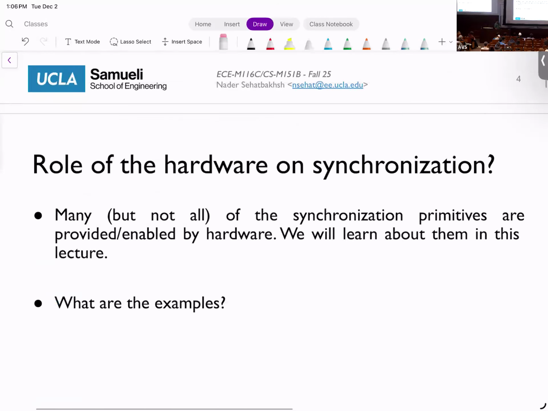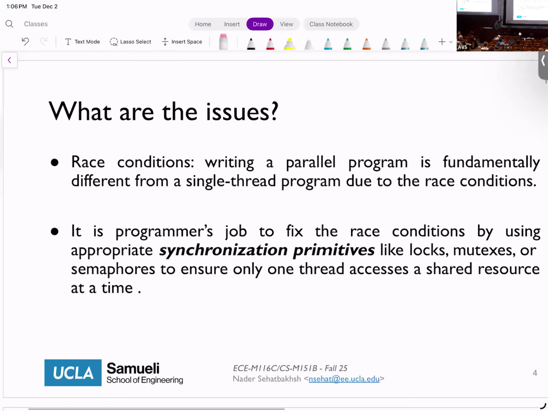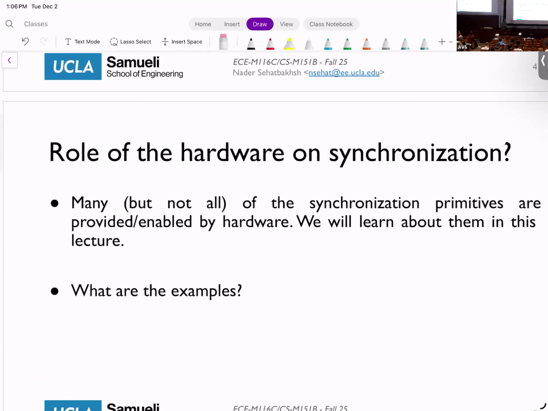But on top of that, there's also the problem of reordering. So what is the role of hardware in all this? First of all, hardware provides support for synchronization, okay? So many of these synchronization, and we're going to talk about fences, we're going to talk about locks and barriers and so on.